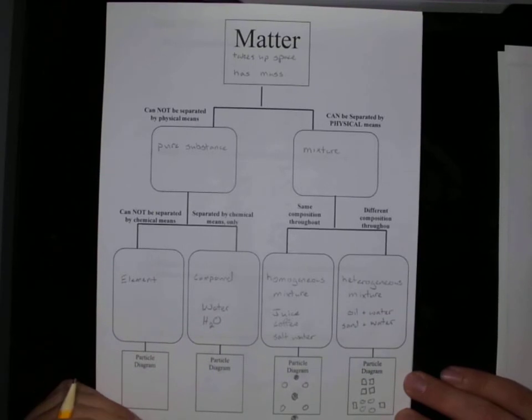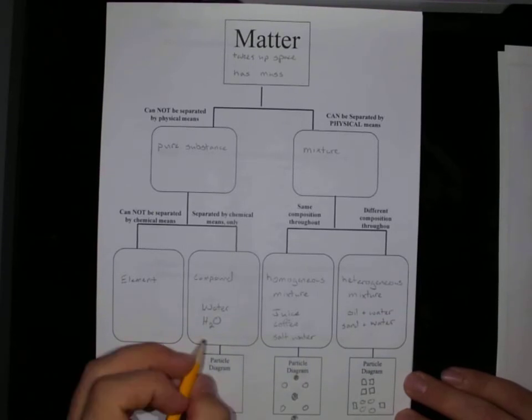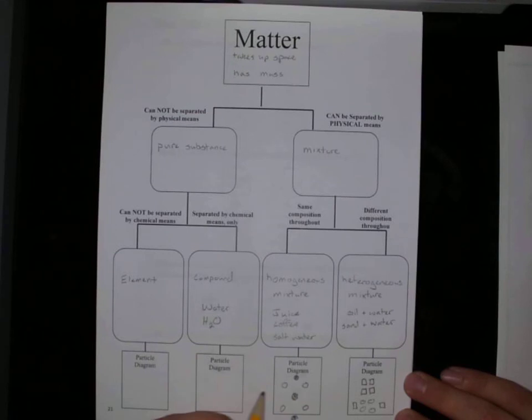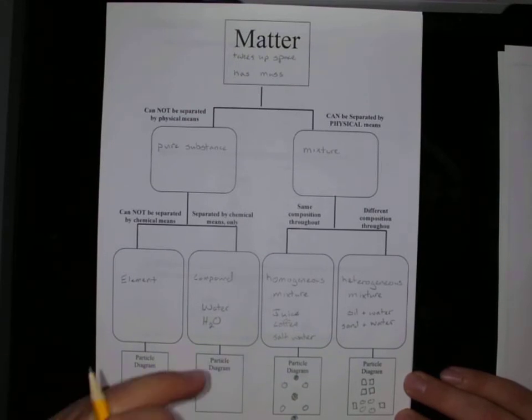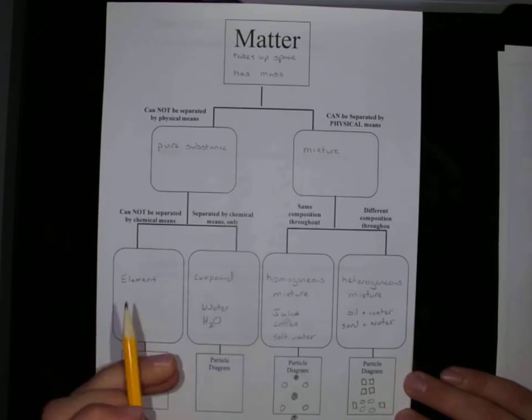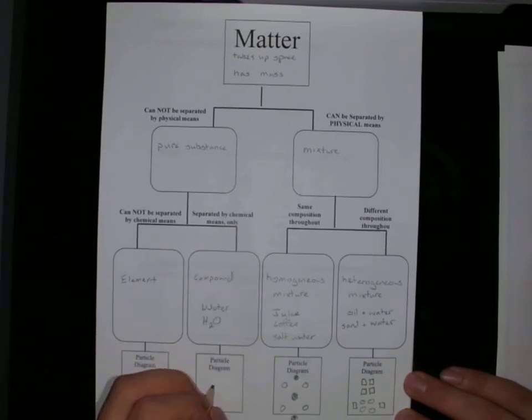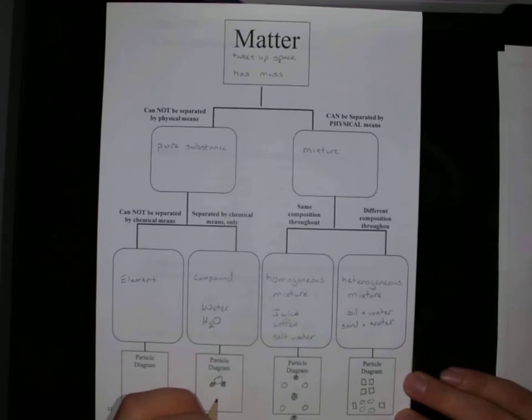So our particle diagram now needs to show that. So we're again going to have different pieces or different symbols to symbolize our different elements, but to show that they're chemically bound, right? If they're chemically bound, all of the circles are going to be touching. So this would be something like water right there.